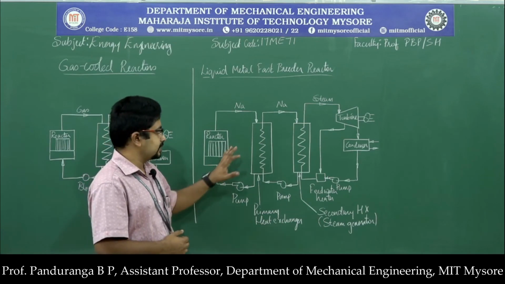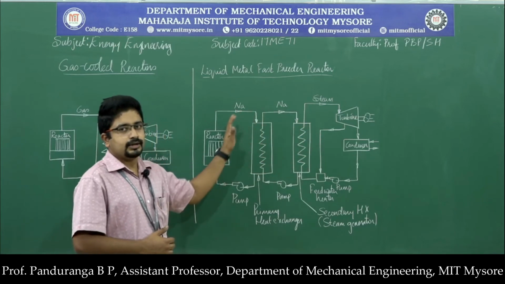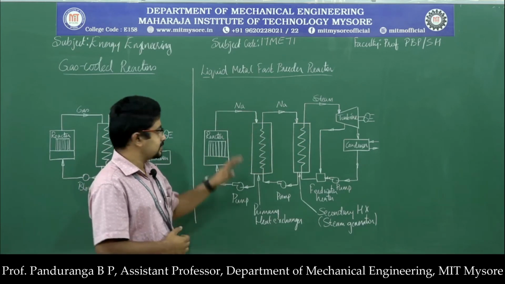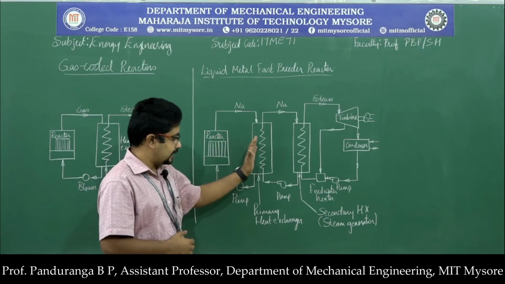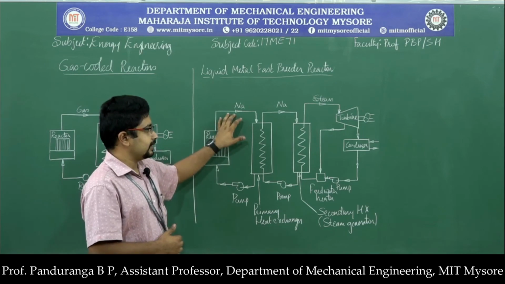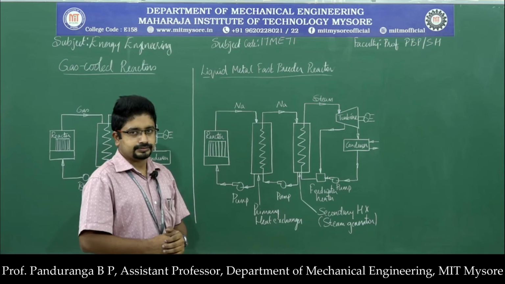If you observe this, there are three circuits or loops here. The first loop is between the reactor core and the primary heat exchanger, where a liquid metal such as sodium is flowing through the reactor core.